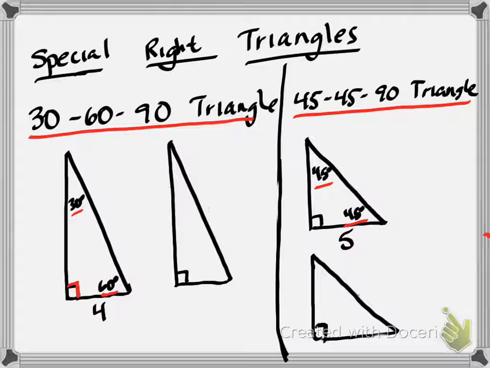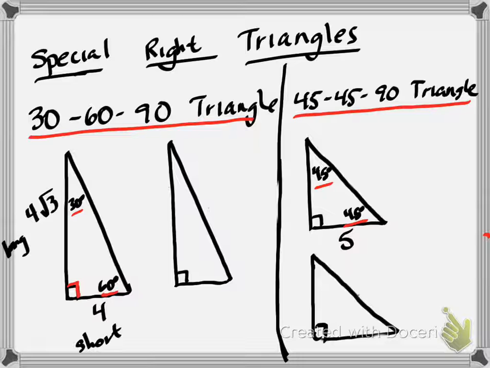And there's certain things we know about a 45, 45, 90. So, for instance, if I know that the shorter side, right, there's a long side and a short side of a right triangle of a 30, 60, 90. This is the short, and this is the long side, okay? If the short side is 4, that means the long side is 4 square root 3.